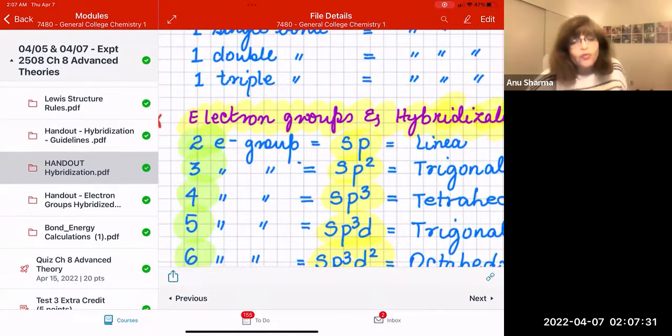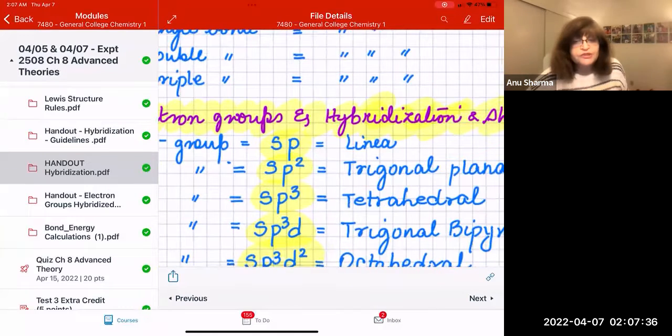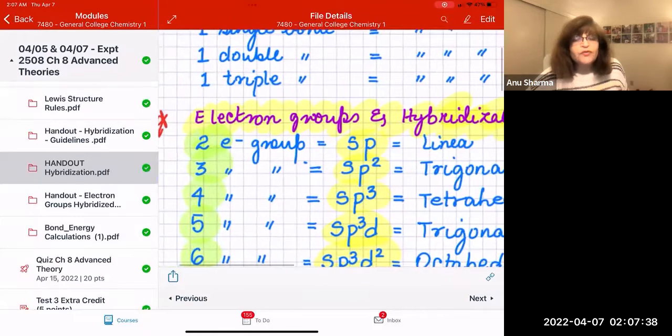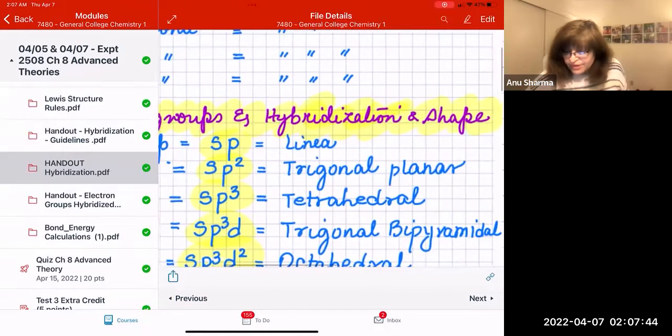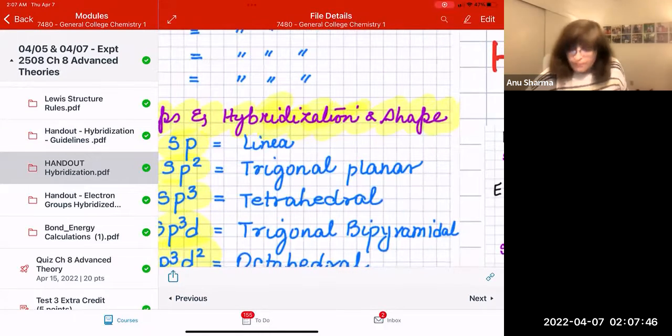So if there are 4 electron groups, then it is sp3 hybridization and the shape is tetrahedral. So each of the fluorines is sp3 hybridized. And if there are 5 electron groups, then it is sp3d hybridization and it is trigonal bipyramidal.